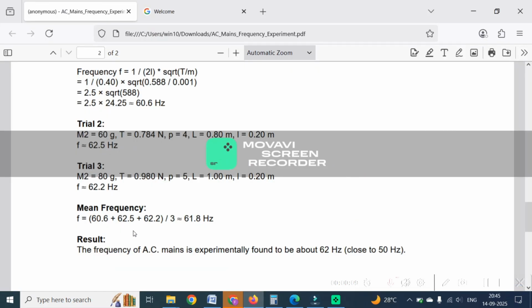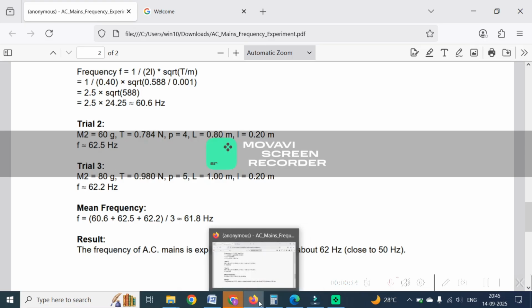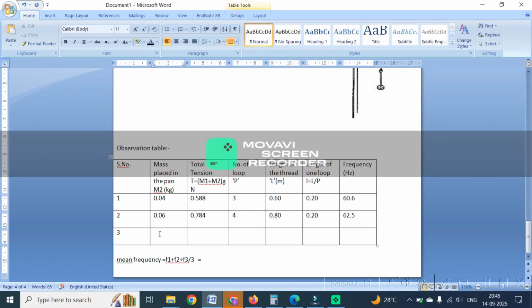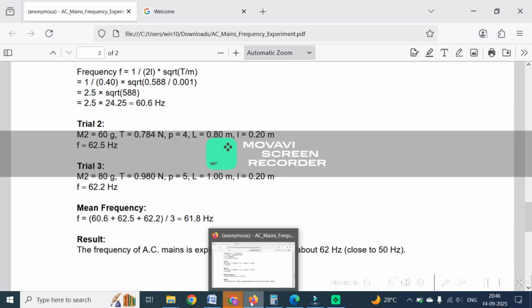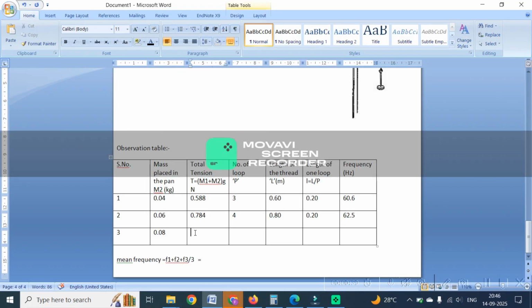The last one, M2, is 80 gram, which is 0.08 in kg. Now the total tension is 0.980 Newton.